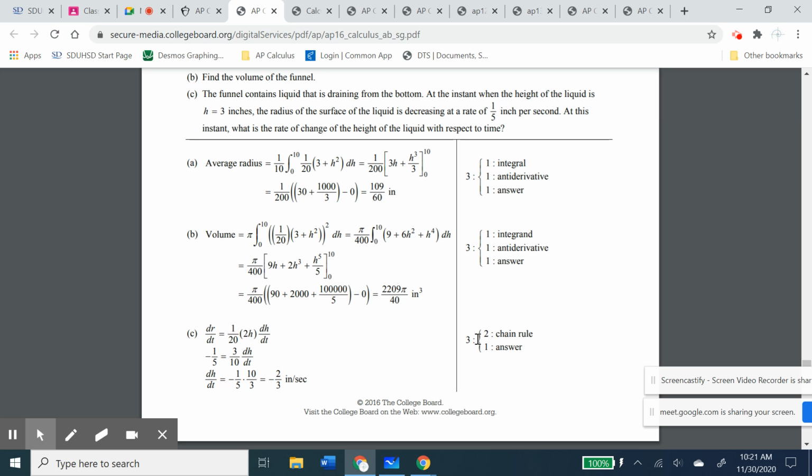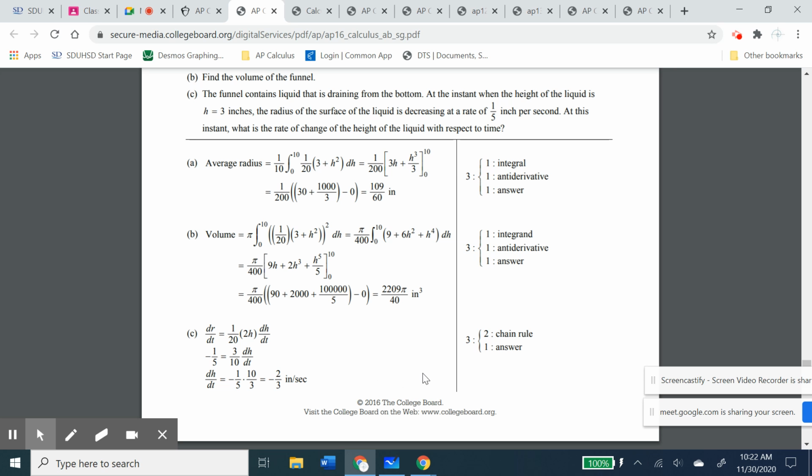Then 3 points over here, chain rule, worth 2 points. So that's a very big deal to them, properly using the chain rule. And then just getting a correct answer in whatever form you have it in. And it didn't say to include the units, so you didn't have to have inches per second.